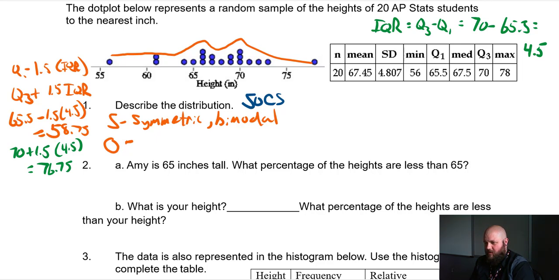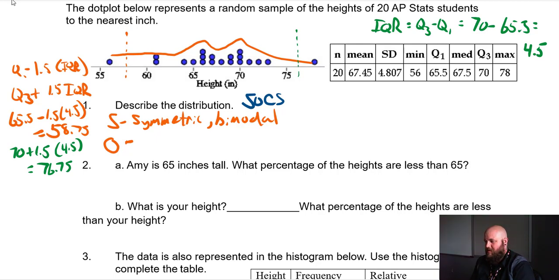Anything below that line is an outlier. And anything above 76.75, so somewhere right in here, is an outlier as well. Well, as you can see, there are two outliers. We have an outlier at our min and our max.